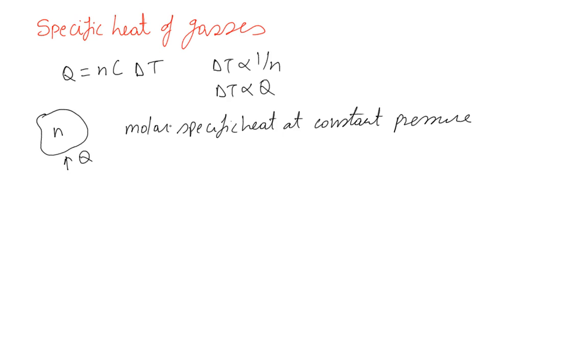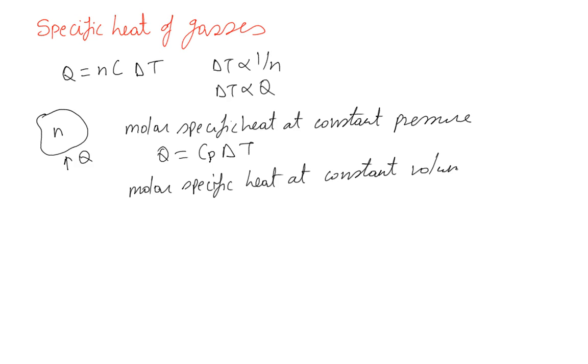By molar we mean we just talk about 1 mole, so we set n equals 1, and the same formula is written as Q equals Cp delta T. Similarly, we also have molar specific heat at constant volume, and this is written as Q equals Cv delta T. So this is for 1 mole.